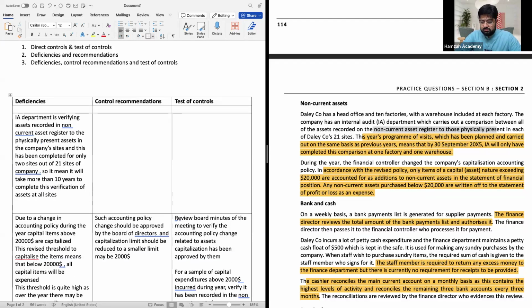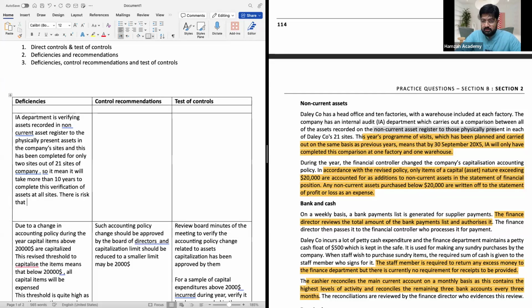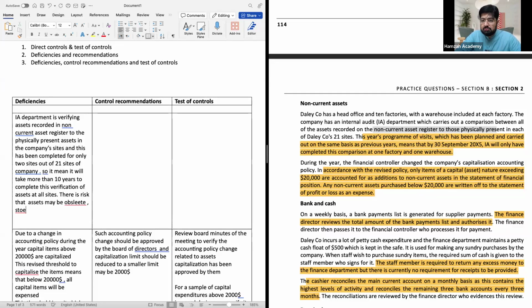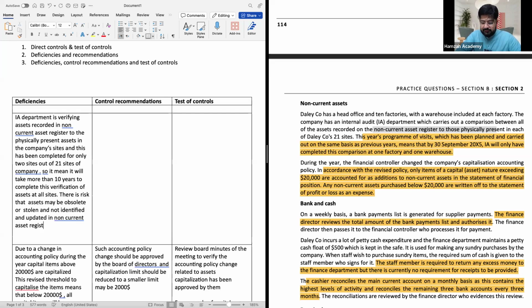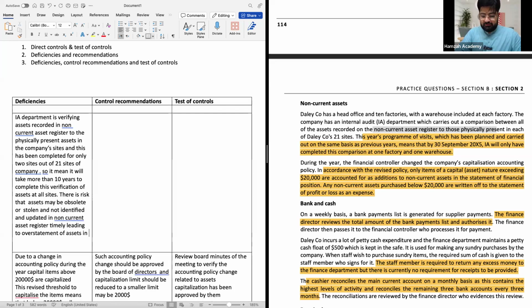So there is risk that assets may be obsolete or stolen, and not identified and updated in the non-current asset register timely, leading to overstatement of assets in financial statements.